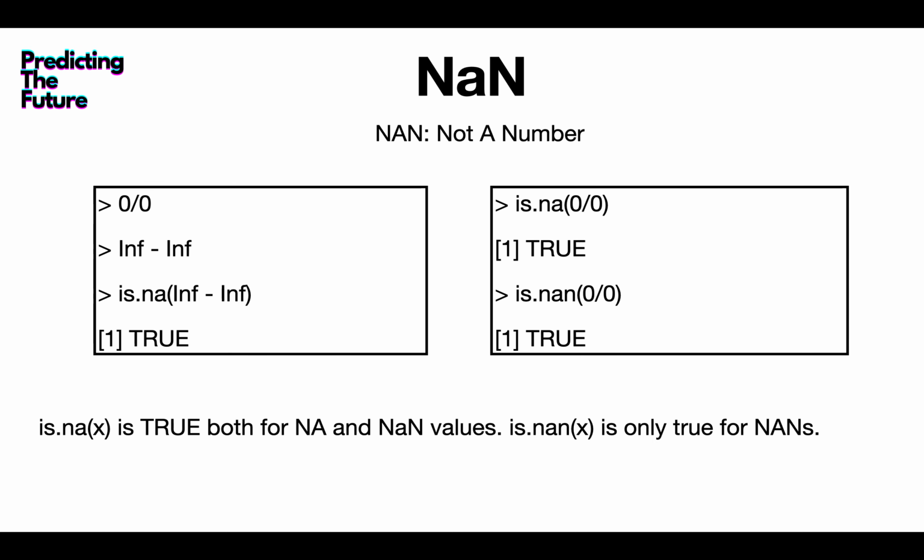Not a number is also true when we try to test using is.na. So is.na of infinity minus infinity is also true. Same for 0 divided by 0, it is also true. There's another function especially for not a number, which is is.nan. So it's checking whether it's not a number.